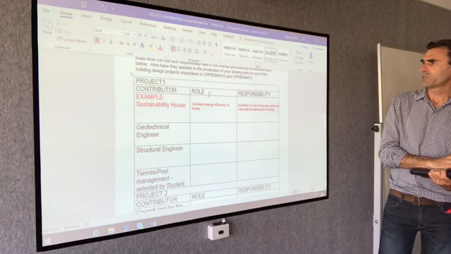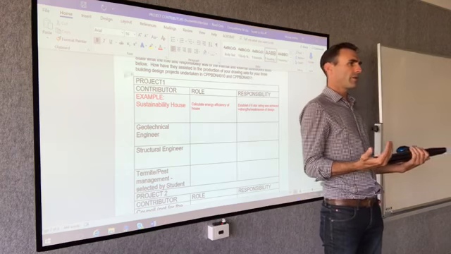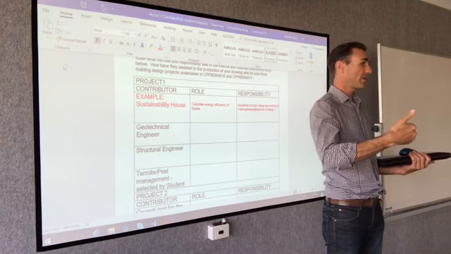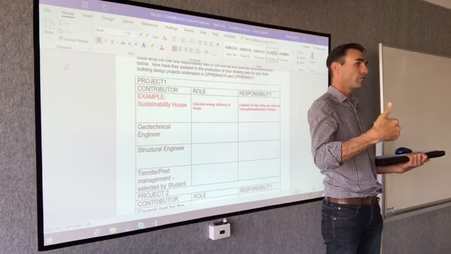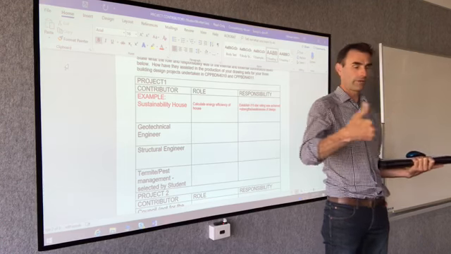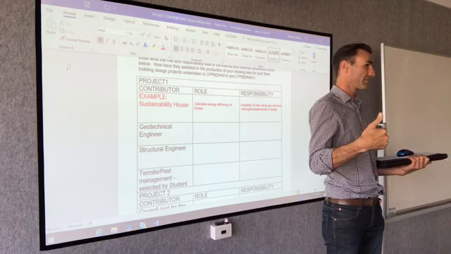So, to distinguish between role and responsibility, you're thinking about what that person does and what they do for you, but then what is their responsibility? What are they actually looking after? What are they legally liable to be carrying?